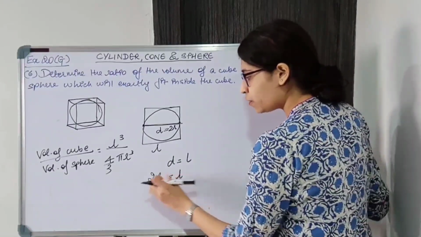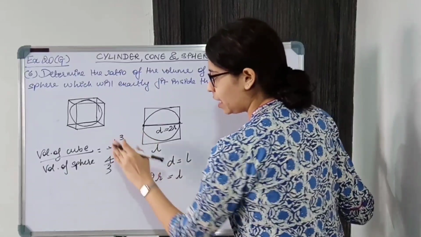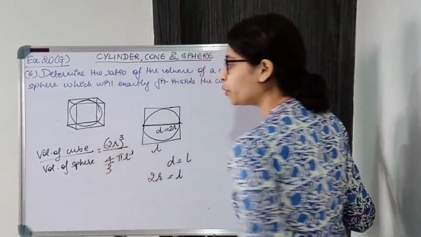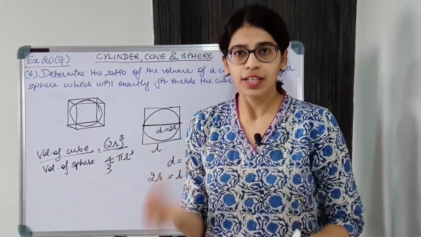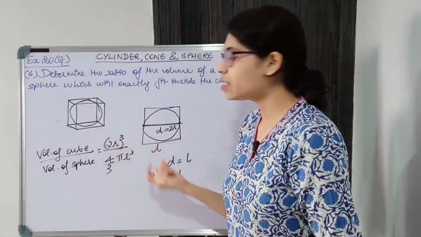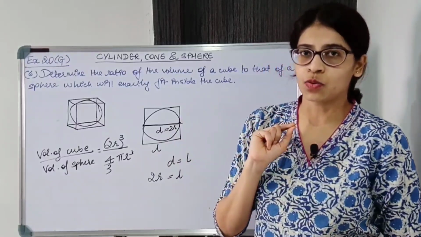So in place of L I can write down 2R, this whole thing cubed. So eventually R cube will get cancelled. This is why we are trying to relate L and R over here.